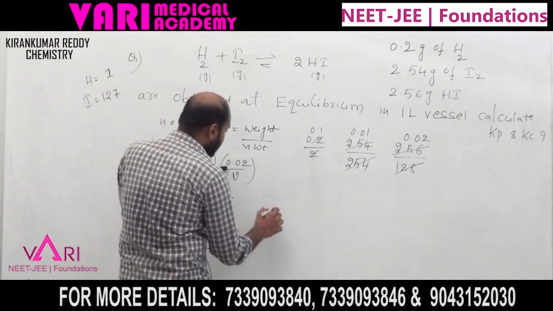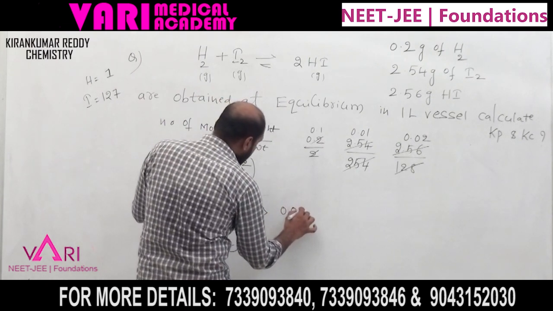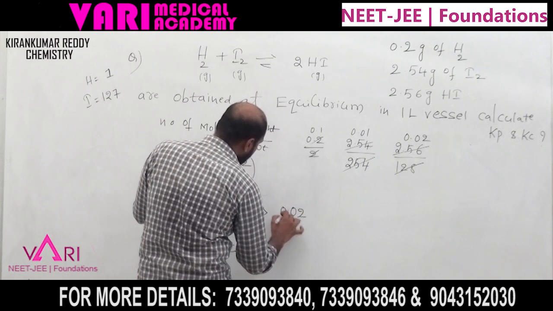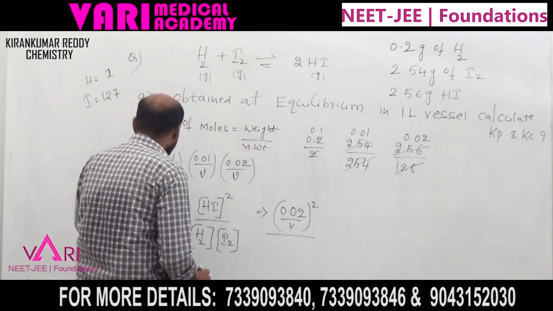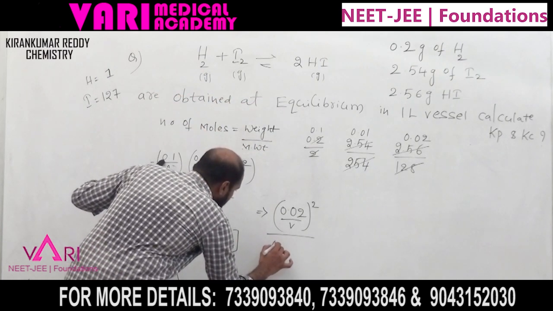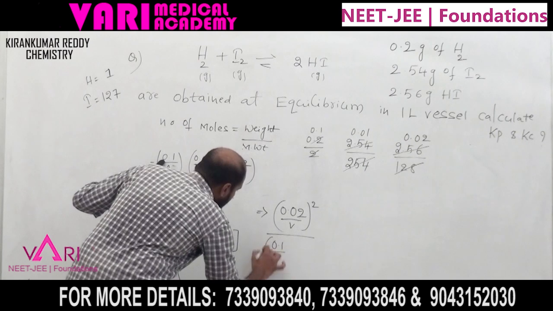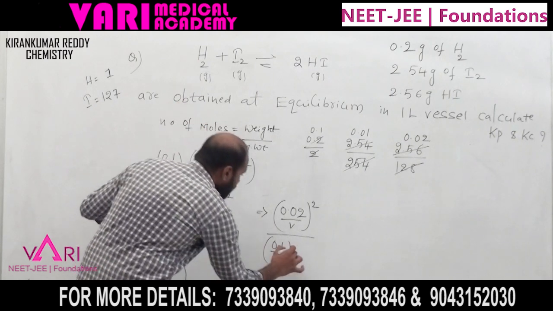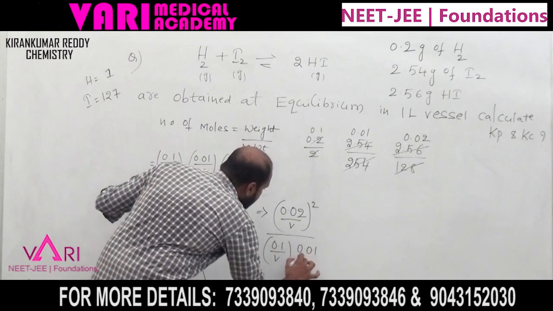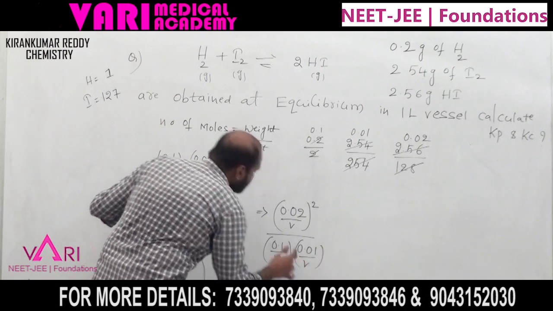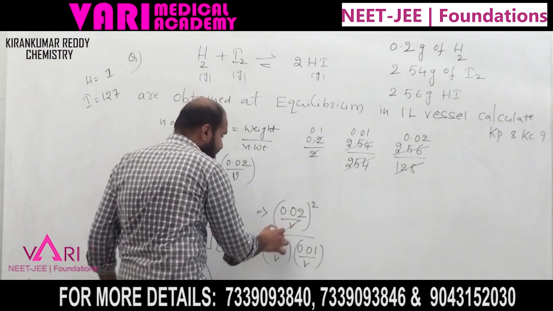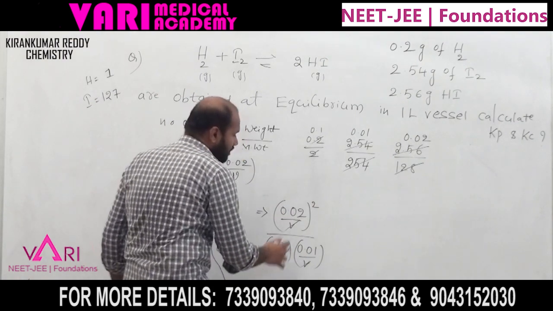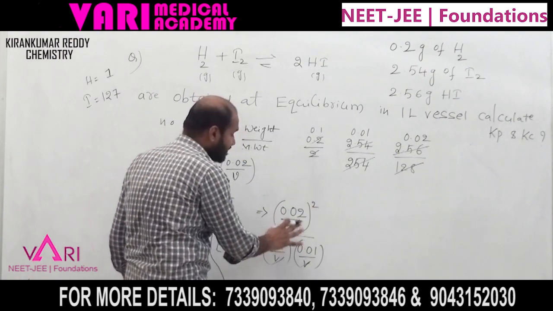Product means 0.02 by volume power 2, by, what is the H2 concentration? 0.1 by volume. Here also 0.01 by volume. Okay, here V square and V cancel.